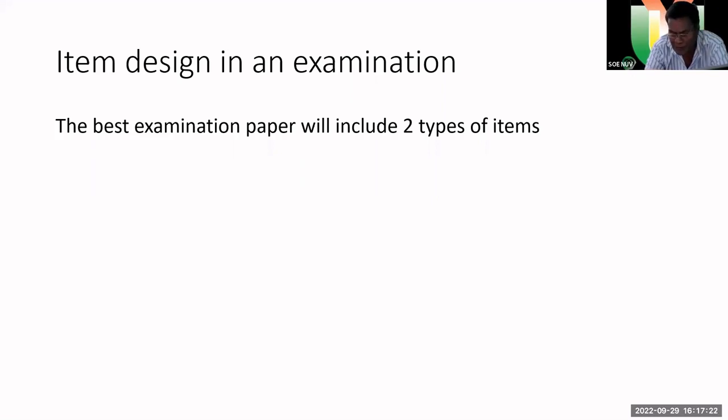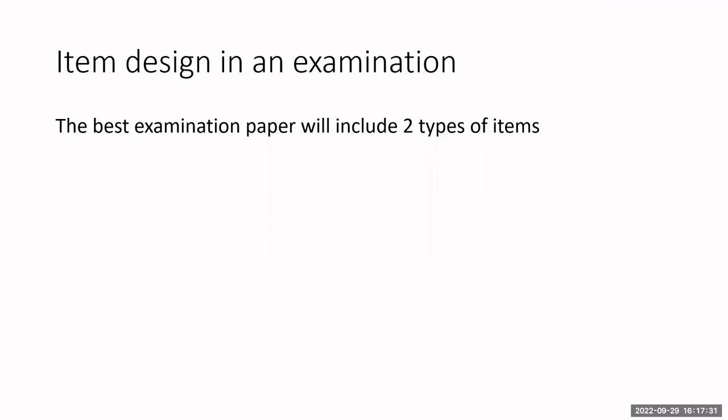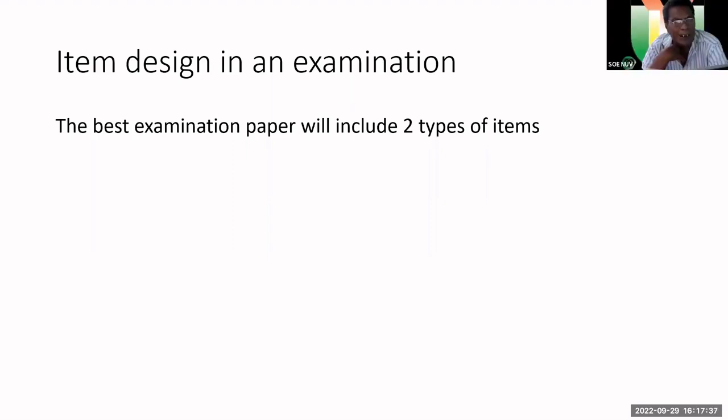There are 2 types of items in examination writing. The first one is? Marking criteria and rubric? No, this is the item. We are not referring to the examination paper yet. We are referring to what type of items should be written in each examination.